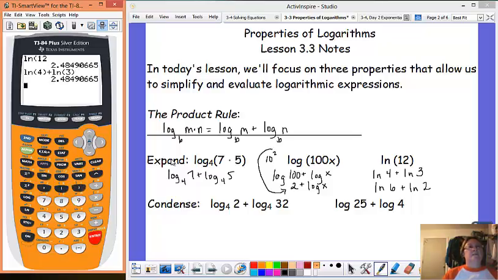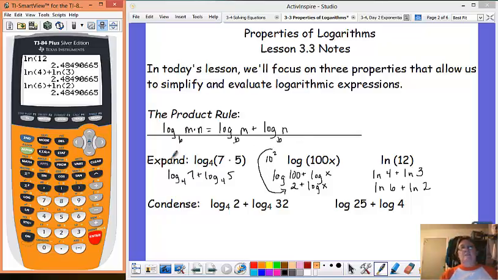I sure hope it does. Oh yeah, there it is. Now again, 12 factors in several different ways, so we should be able to ask it for the natural log of 6 plus the natural log of 2, since 6 times 2 is also 12. There it is. All right.